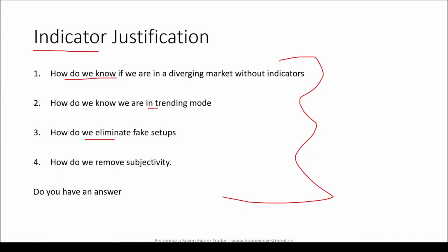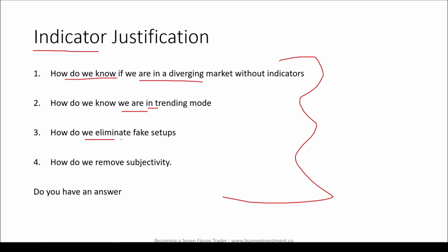So how do we know if we are in a divergence market? We use the Traders Dynamic Index in conjunction with the levels that we have discussed in the first lecture. How do we know that we are in a trending mode? We use the indicators under trend, which are the moving averages. And how do we eliminate fake setups? A combination or a hybrid operation of the EMAs and the Traders Dynamic Index will help us to eliminate fake setups.